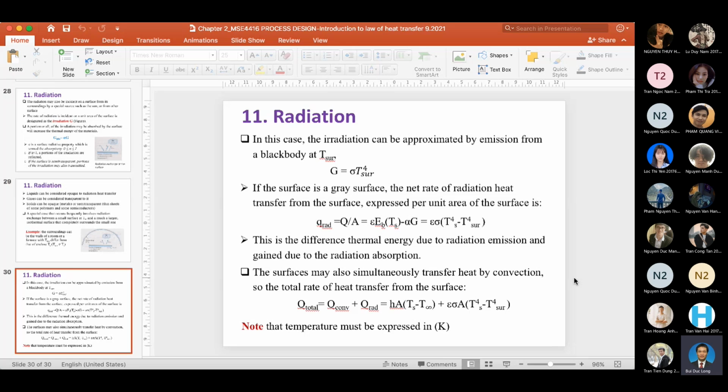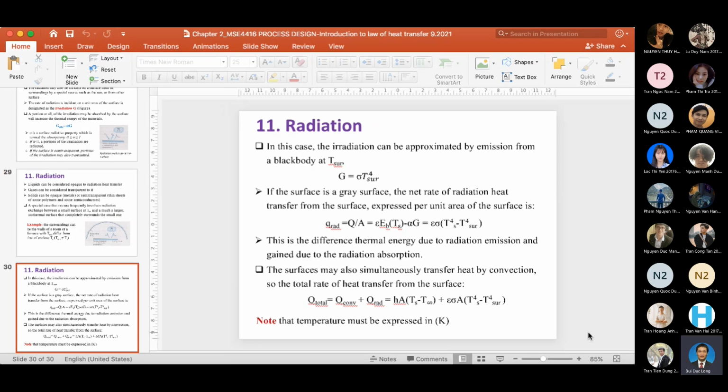All the knowledge, laws and concepts here will help you solve any problem in heat transfer. In the next lecture we will go into detail about heat transfer in a specific object and specific conditions. If there are no questions, we move to the next topic.